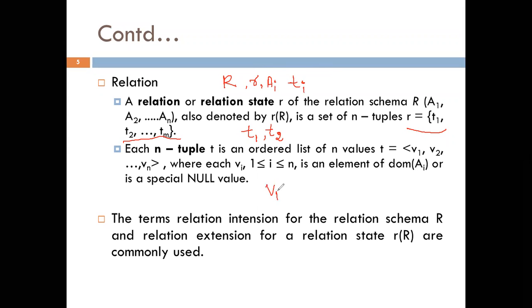Vi indicates the value for the ith attribute. The terms relation intension for a relational schema R and relation extension are commonly referred to as a relational state.